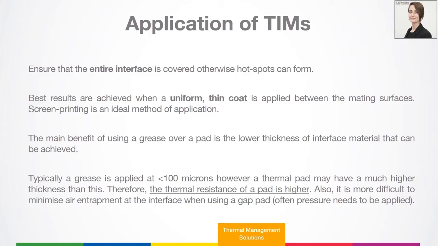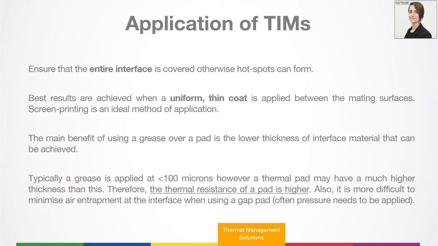As I mentioned, typically a grease is applied at less than 100 microns, so a phase change material is similar, slightly higher as well. The thermal resistance of a gap pad overall is higher because they tend to be thicker than you can apply a paste. But it depends on the pressure, the situation, the actual gap pad that you use.